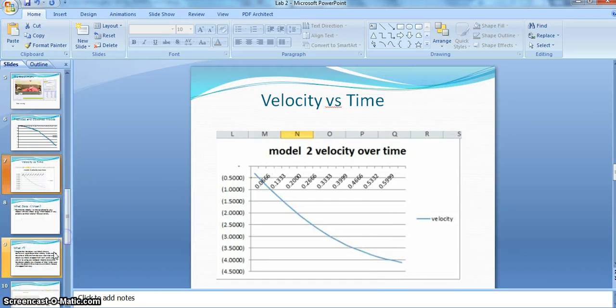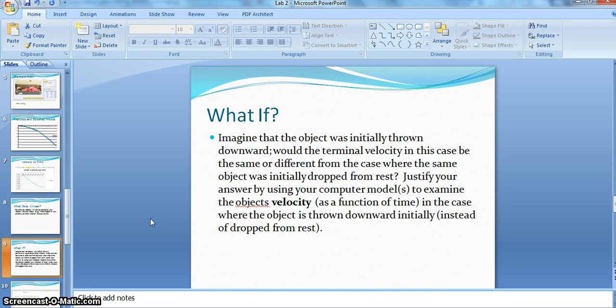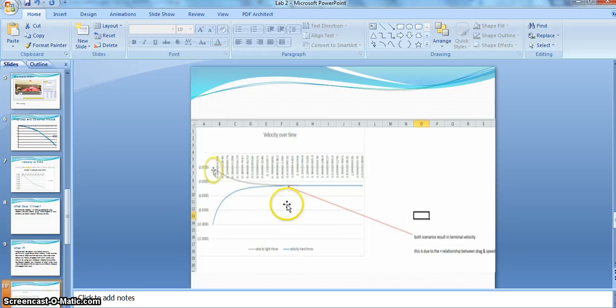So if we go on to our second question, what if I threw the object rather than just dropping it? My prediction was that it would converge, and after I graphed it, you can see that the velocities converge because later on at some point the drag force will balance the weight force.